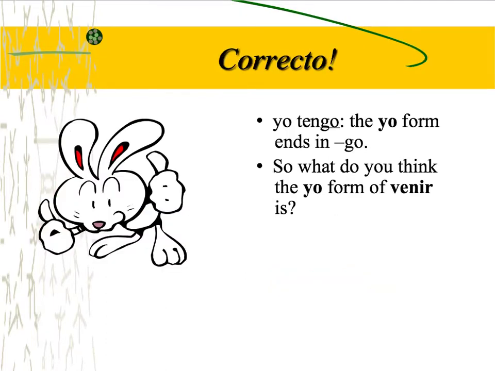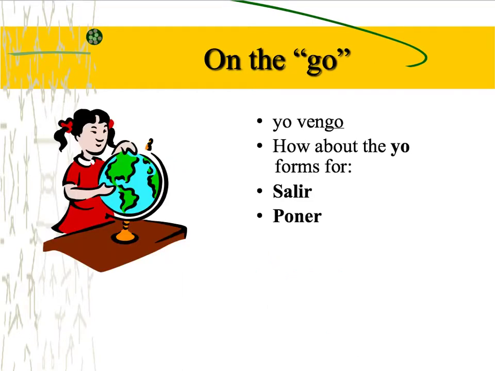So what do you think the yo form of venir is going to be? If tener becomes tengo, venir becomes vengo.